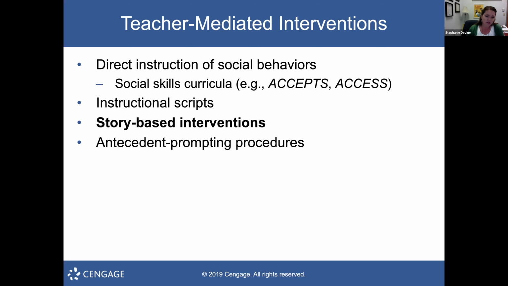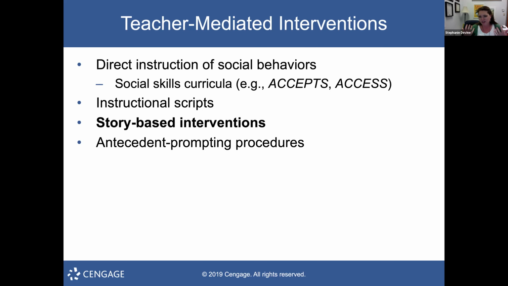Story-based interventions are also an effective method of instruction for social skills. You may have heard the term social stories. It's actually a trademark term referring to a specific published type of curriculum. But keep in mind that social stories or story-based interventions should not be used in isolation.